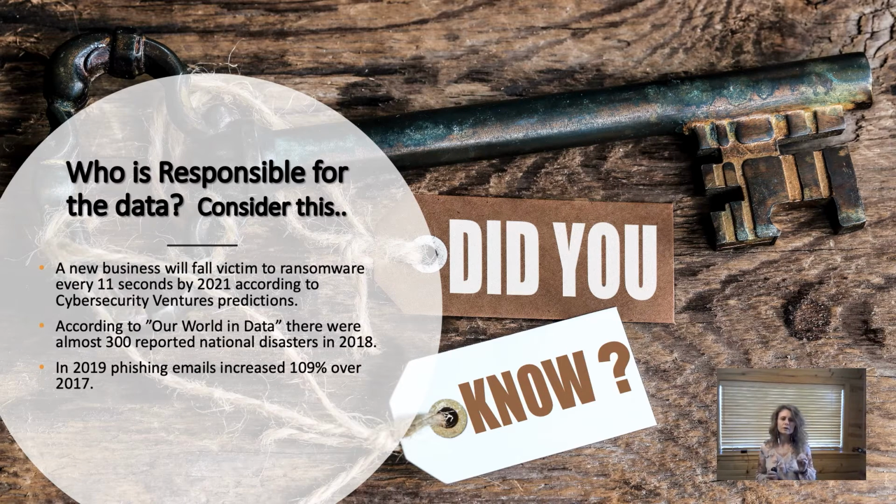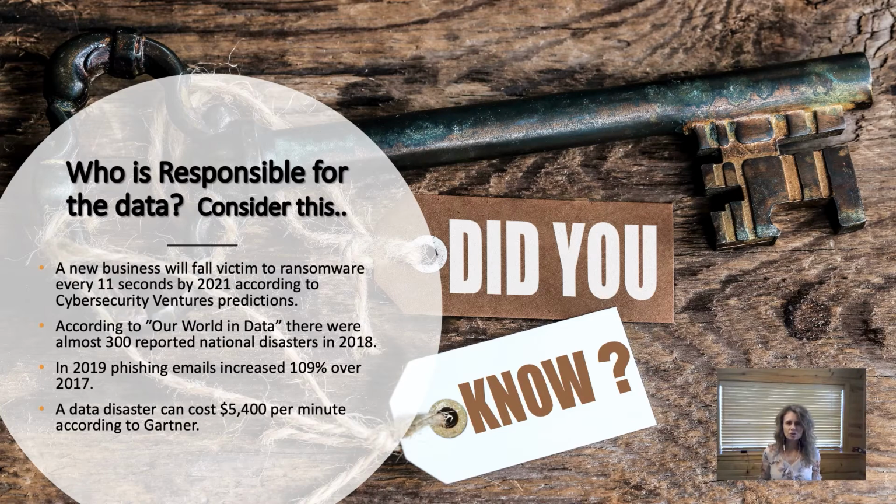And so if phishing is that much higher, we are all at risk. And then consider the cost element. A data disaster can cost $5,400 per minute, according to Gartner. That's a lot of money per minute, and I know most enterprises do not want to sacrifice that level of spend on something that could have been prevented or easily recovered from.